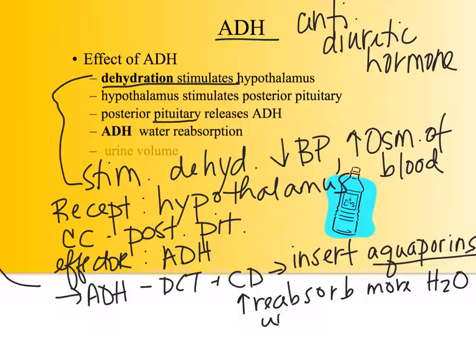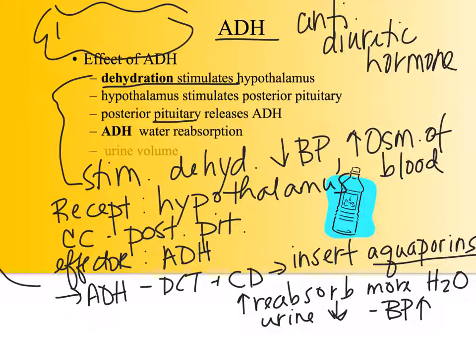So urine volume will go down, but blood pressure will go up. Now this one is one of the hormones that has nothing to do with sodium. Most of them have something to do with sodium, so let's put no sodium in this one.